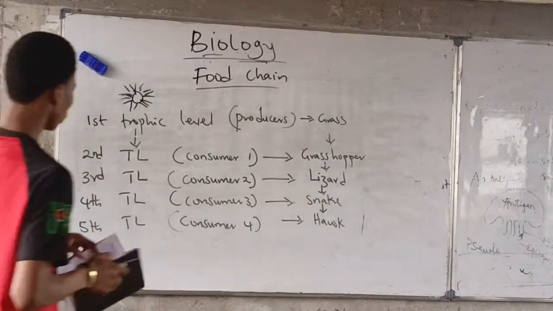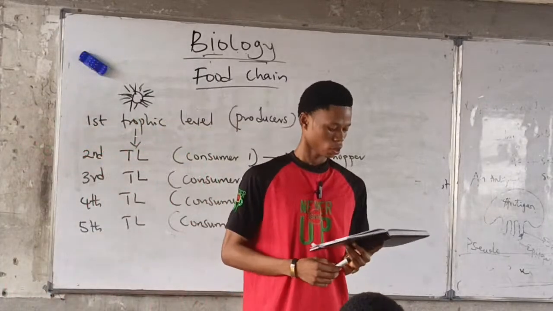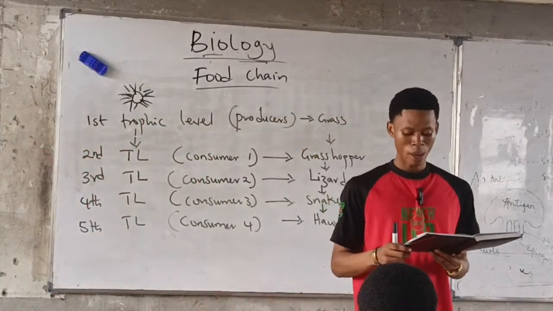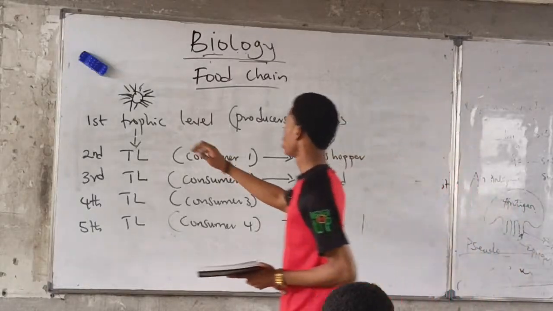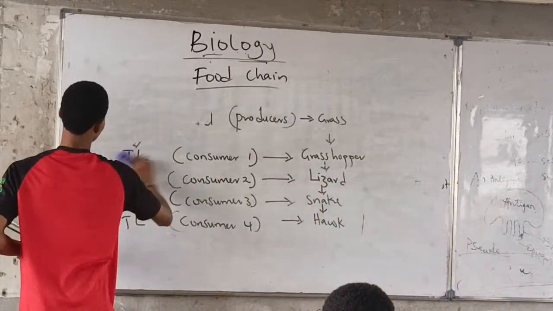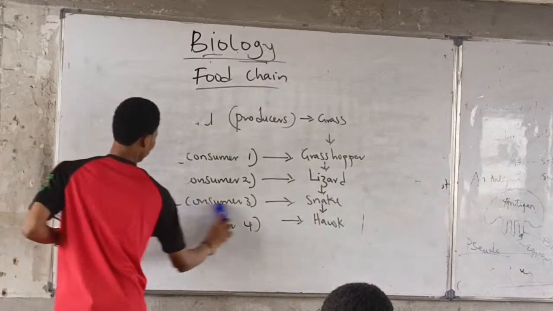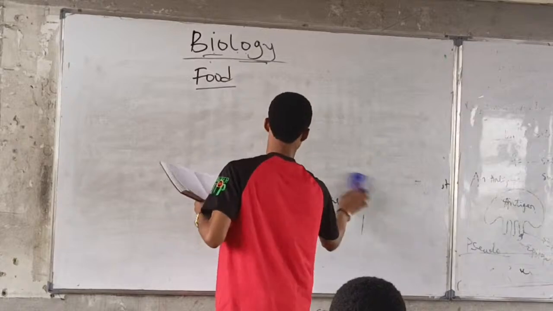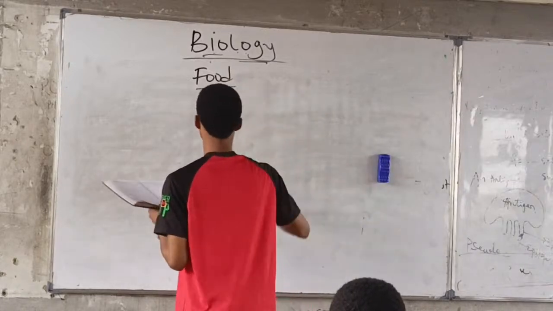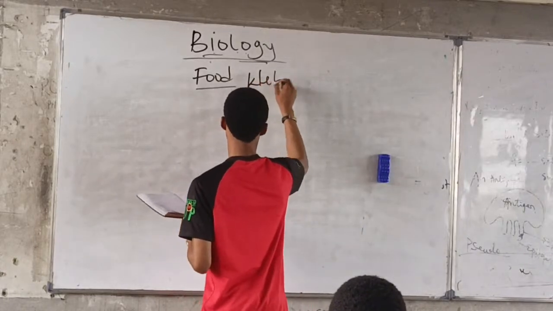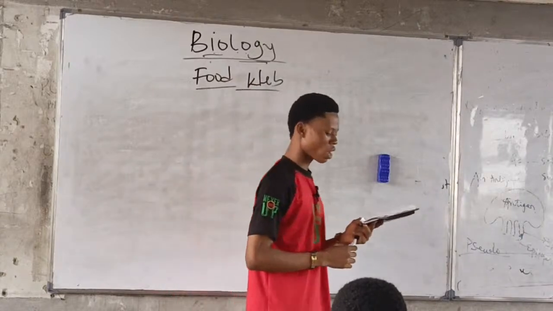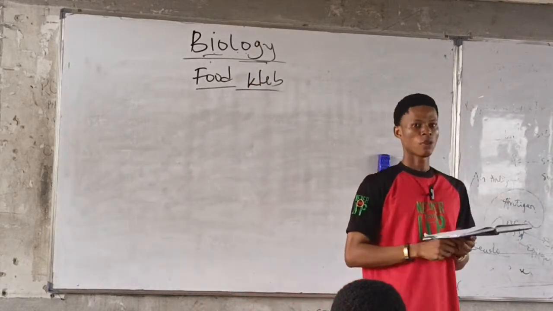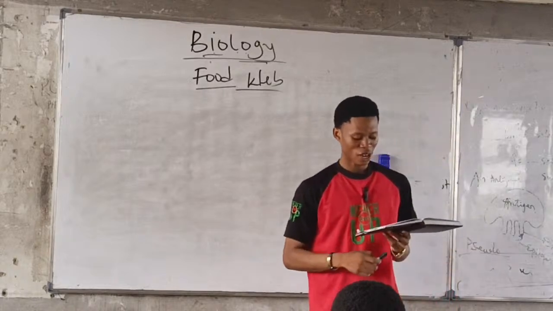All right. Food web. A food web consists of several food chains.